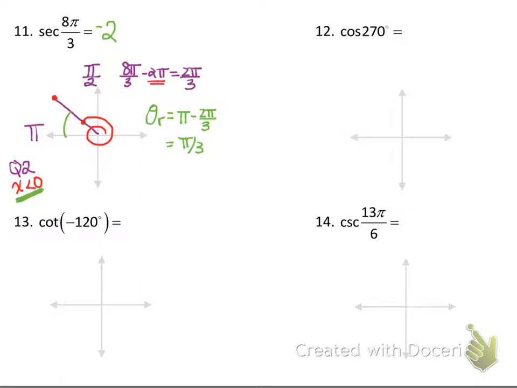Now, cosine of 270. Well, 270 is right here. This is our quadrantal angle, if I could say that right. Since this is one of the 4 exact angles here, the cosine of 270 actually equals the cosine of 90.